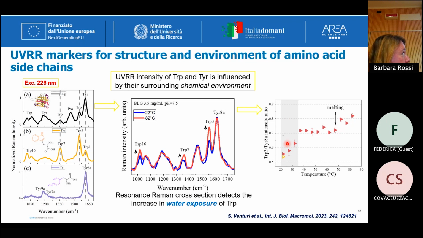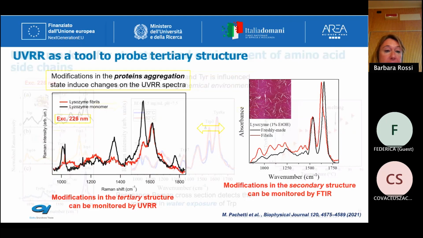But we can see that using this technique, we are sensitive also to other events that occur at temperatures lower than the melting of the protein, that consist in conformational changes of the protein that can be detected specifically by using this technique.